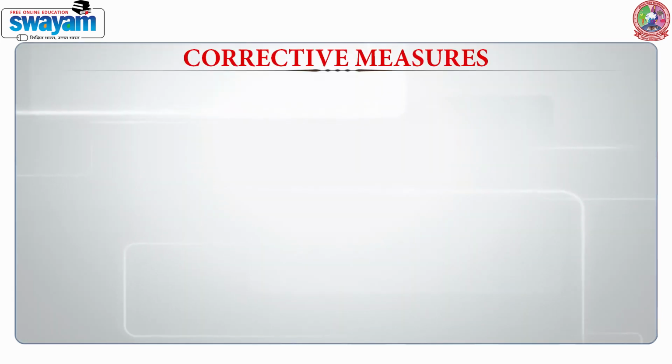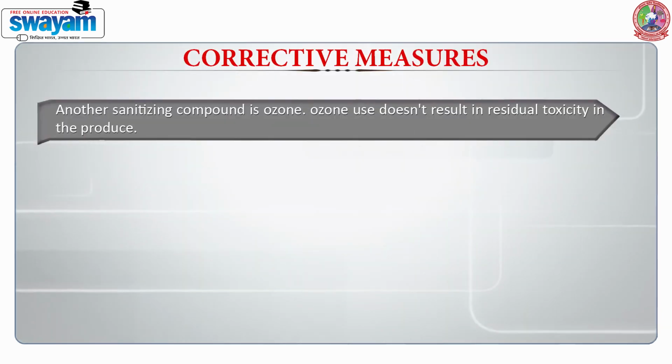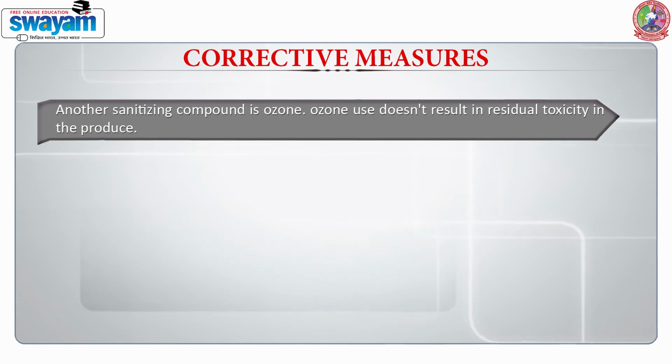Another method followed commonly is the use of chlorine, which is also a very common sanitizer. Corrective measures also include the use of ozone, and ozone does not result in residual toxicity in the produce.